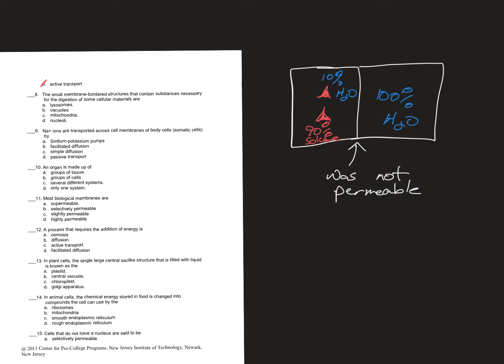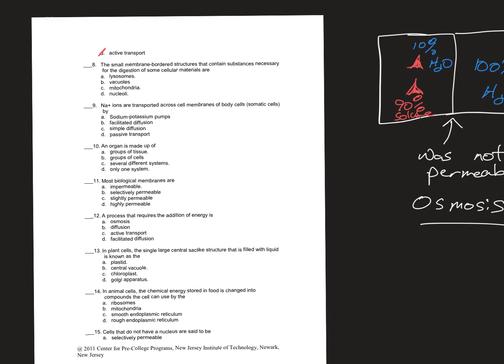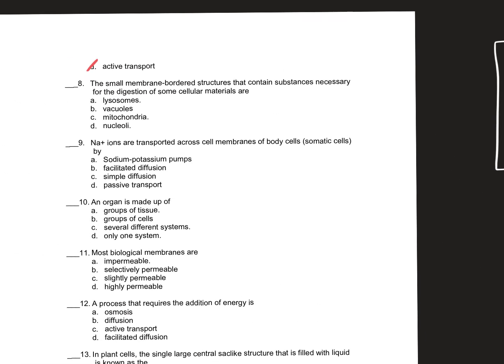But you didn't even have to remember that. All you had to do is remember that water moving because of its concentration gradient is known as osmosis. If you knew that, then the pressure created by that is the force that moves the water.